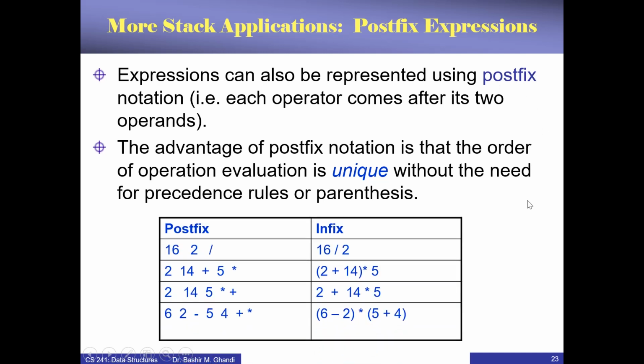Okay. Let me show you examples of postfix expression compared to infix. Here, for example, 16/2, which is infix, will be represented in postfix as 16 2 /. As you can see, the operator is after the two operands, whereas in infix, the operator is between the two operands.